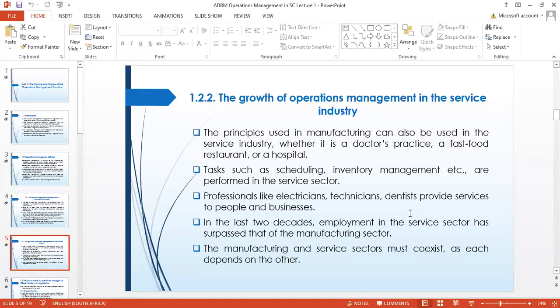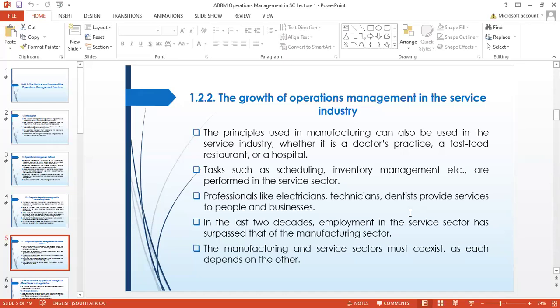They do not provide a tangible product, like the doctor's practice. If you go to a doctor, you need a service. Maybe you have a raging tooth that is supposed to be extracted. If you go to a fast food restaurant, a hospital, you need their service. You're not going there to buy something, you need a service. That's the service sector. We have electricians, we have technicians. They are all in the service sector.